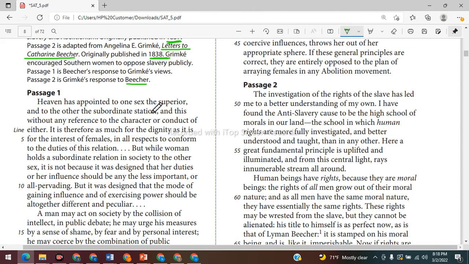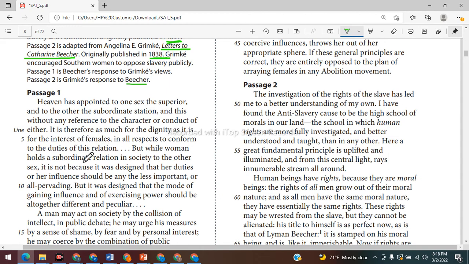subordinate station, and this without any reference to the character or conduct of either. It is therefore as much for the dignity as it is for the interest of females in all respects to conform to the duties of this relation.